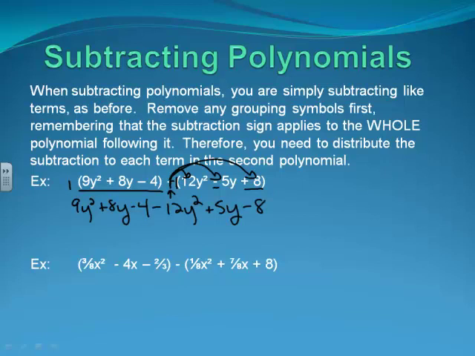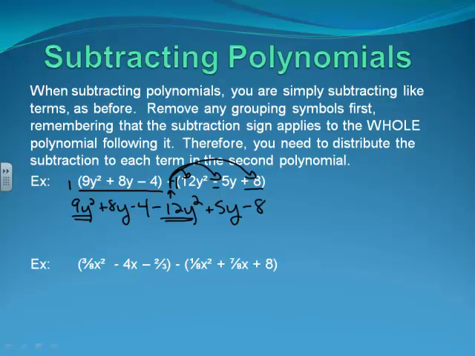Because 12 times negative 1 is minus 12. Negative 5 times negative 1, negative times negative is a positive 5, and negative 1 times positive 8 is negative 8. Now, once you remove those parentheses, now you can combine like terms just like you did with addition.